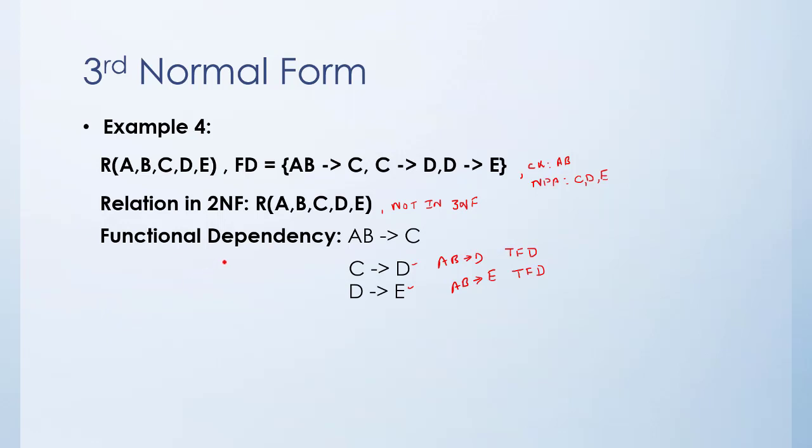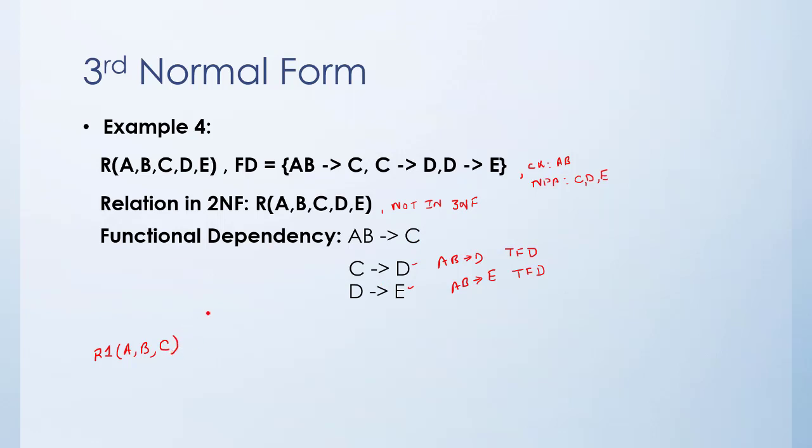First of all, take the candidate key in a relation. So the first relation will be with A and B and any other attribute which is directly dependent on the candidate key. So C is the attribute which is directly dependent on the candidate key.